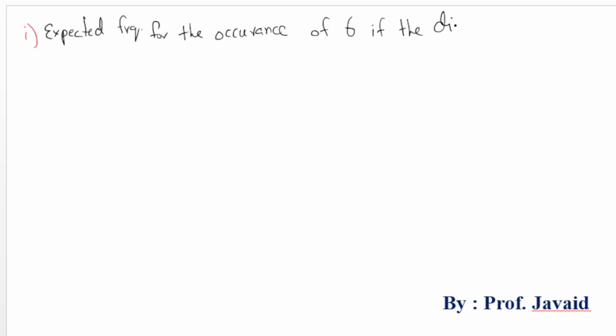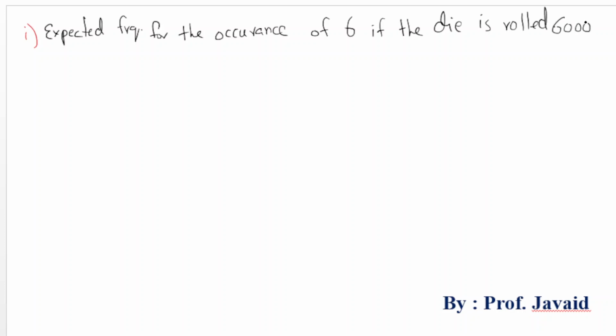Let us solve here, the first part. Expected frequency for the occurrence of 6 if the die is rolled 6,000 times, as we have read already.